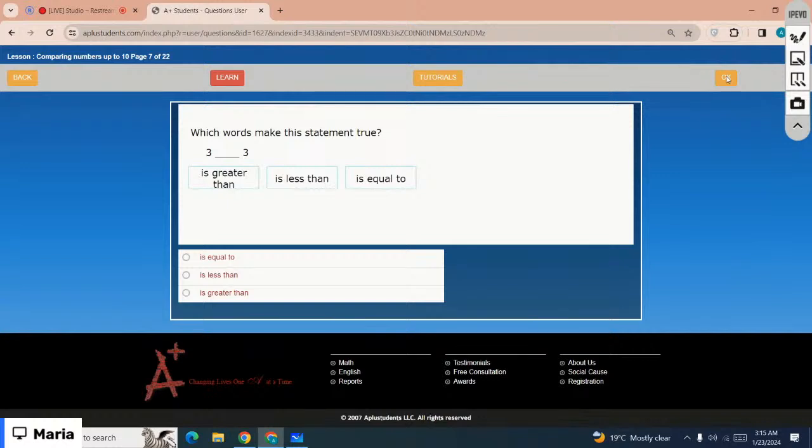Which words make the statement true? Yes, the correct option is 3 is equal to 3.